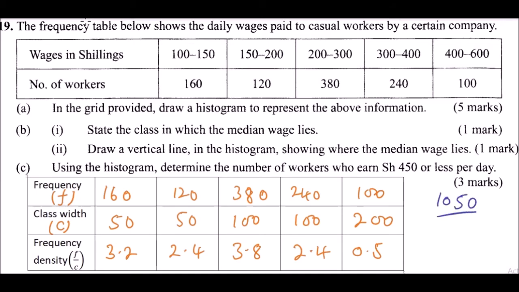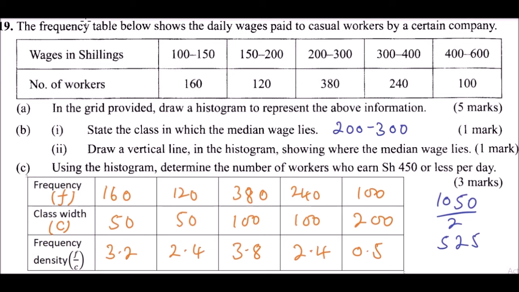So you divide by 2, you get 525. So that is where the median wage lies. So the class is 200 to 300. That's how you answer that, and you get 1 mark. Roman number 2, draw a vertical line in the histogram showing where the median wage lies.